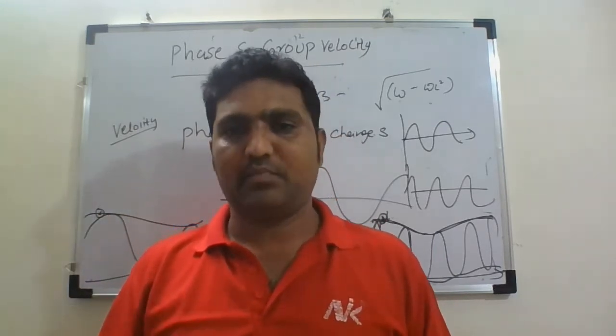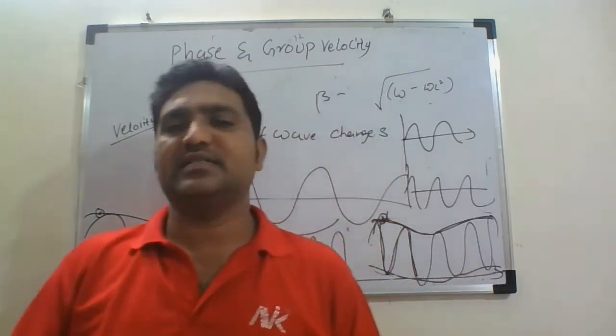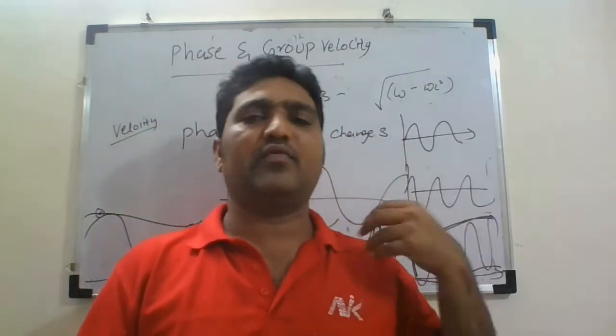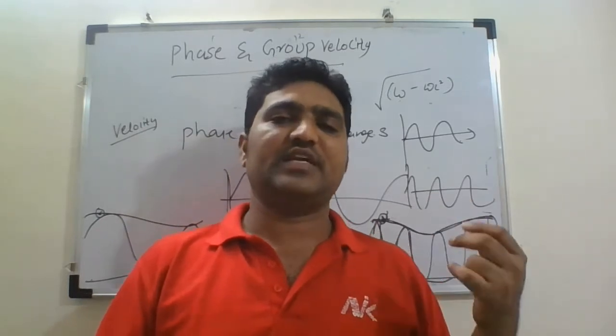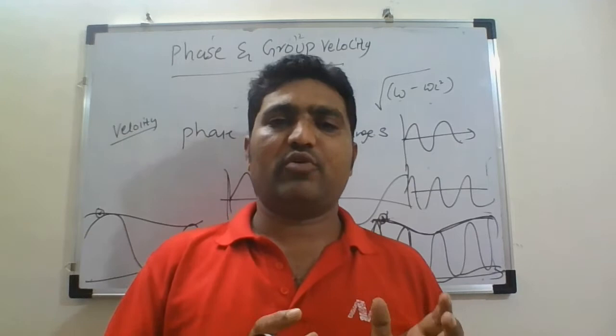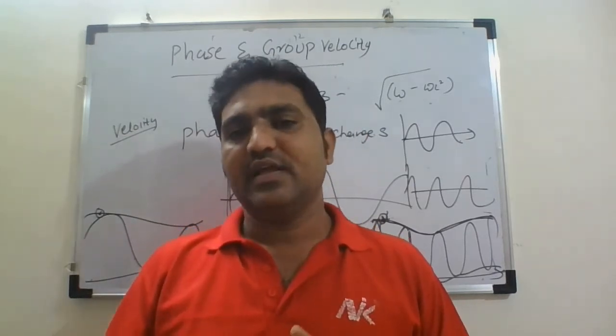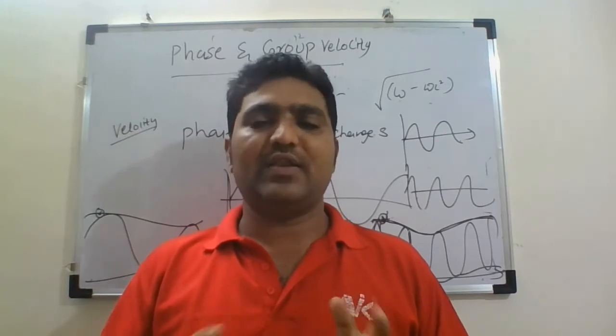Both of them are the same. They exist, but both are the same, because beta is a linear function. We will see that the phase and group velocities depend on the beta value. So if beta is a linear function of frequency, then both these values will be the same.